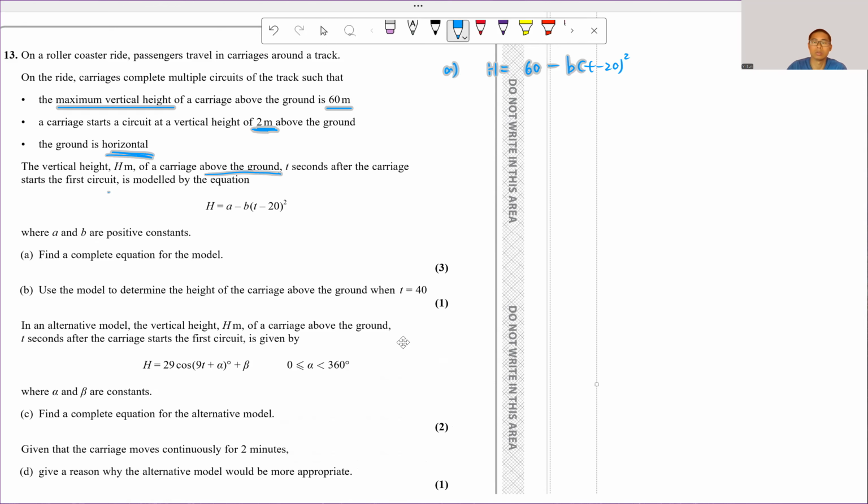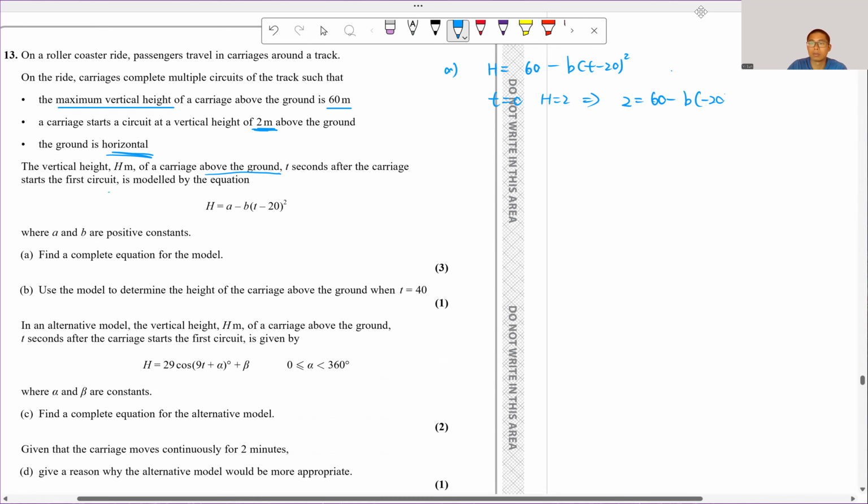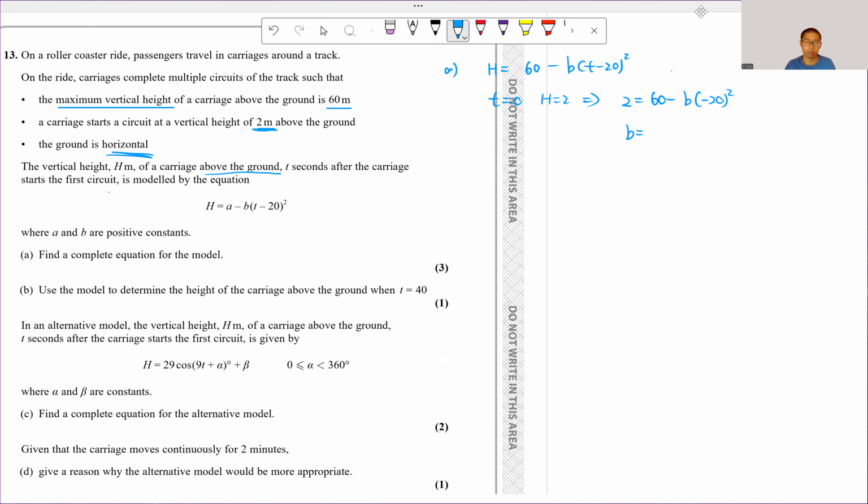Substitute in t = 0, h = 2: we have 2 = 60 - b times (-20)^2. So b is equal to 60 - 2, which is 58, divided by (-20)^2, which is 400. So b should be 29/200. Then we have our complete equation: h = 60 - (29/200)(t - 20)^2.